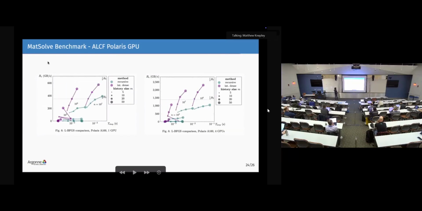And then, okay, so this is the Polaris GPU. So they use the NVIDIA A100 GPU. So left is 1 rank. And then Polaris has 4 GPUs per node, so that'll be a 1 node allocation.